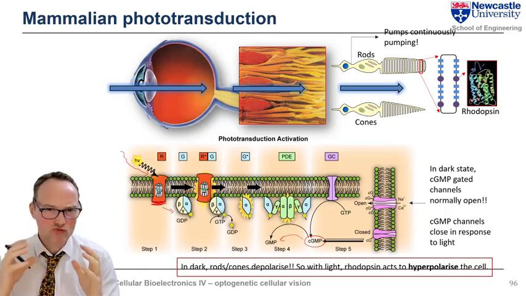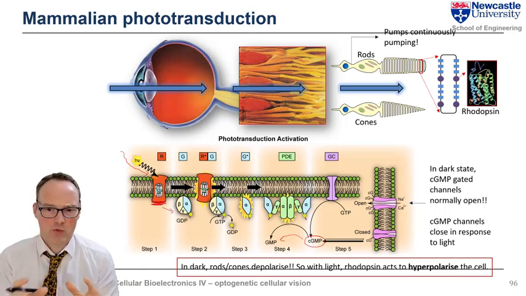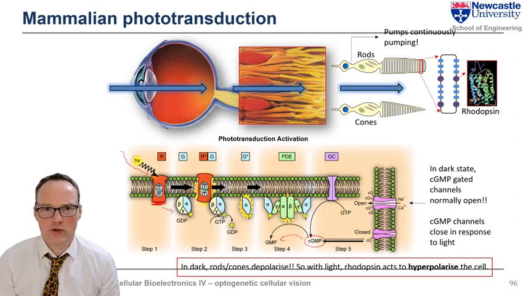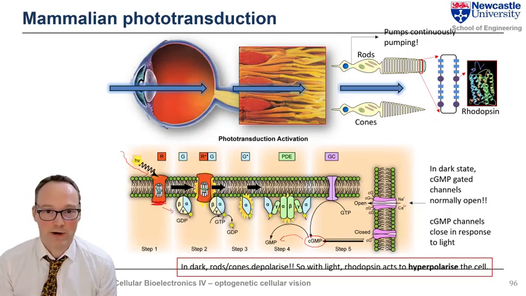Now this is a really weird structure, because in essence, it's a bit like having a house where you have the heating on full blast and the doors open, and in order to then heat your house, you close the doors, and then when it gets too hot, you open the doors again. It's a very strange concept from an energetic perspective, but it does seem to work for us mammals.